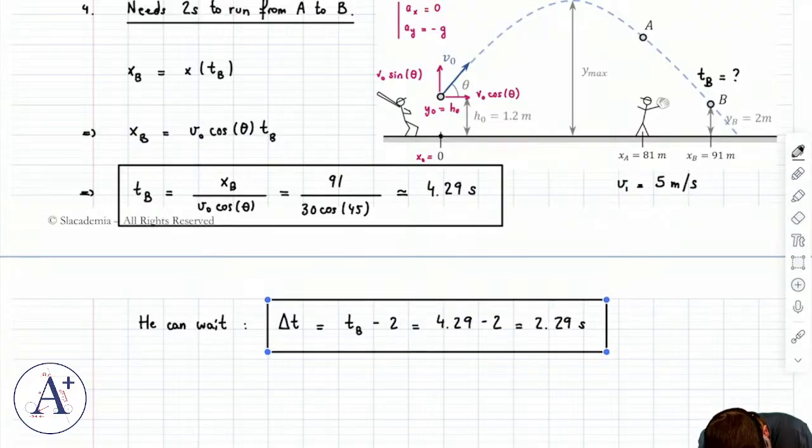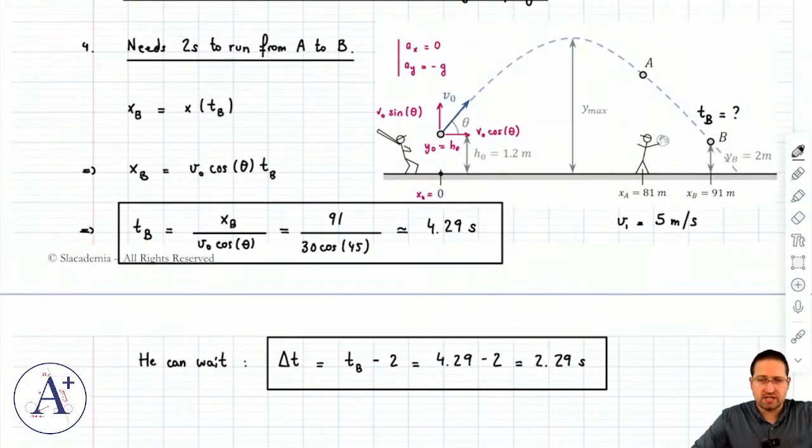Okay. Which, well, it's not that much time. I mean, you might have to react faster than that actually in real life in baseball, depending on how the ball is hit. But it's not that much time either to decide that you got to go run and catch the ball at point B.